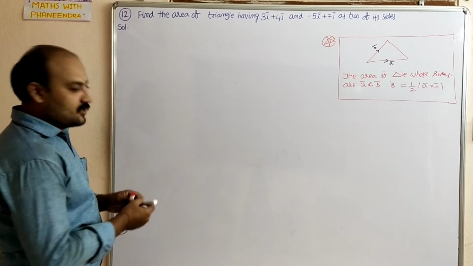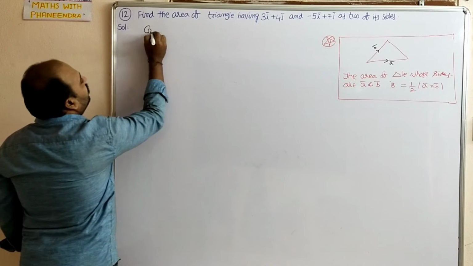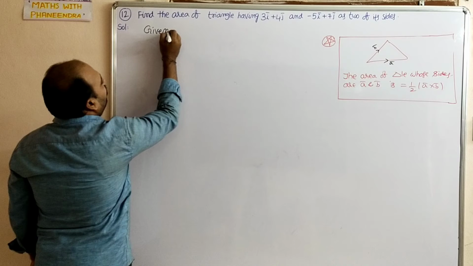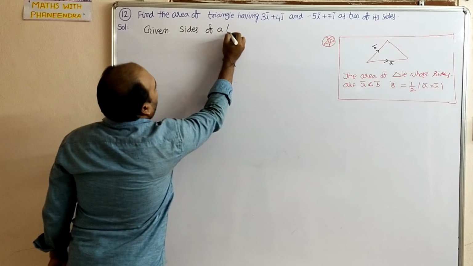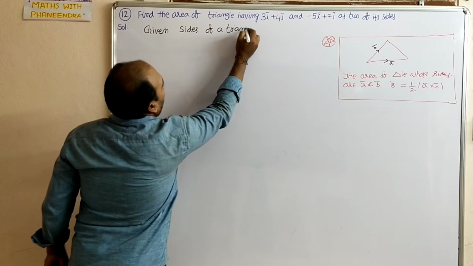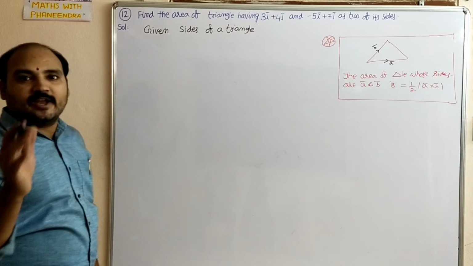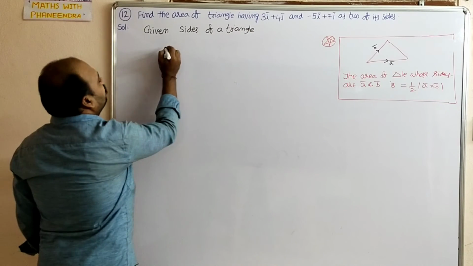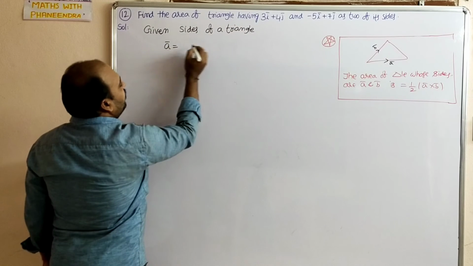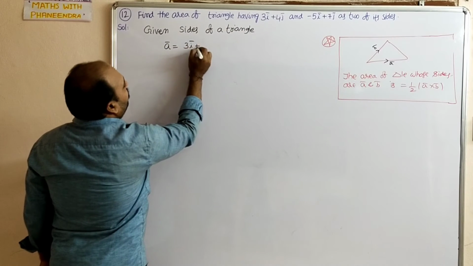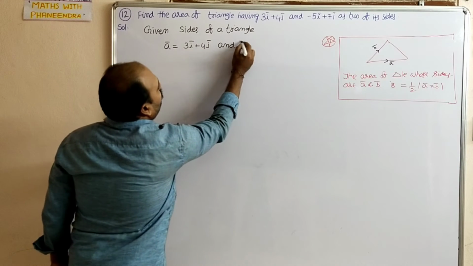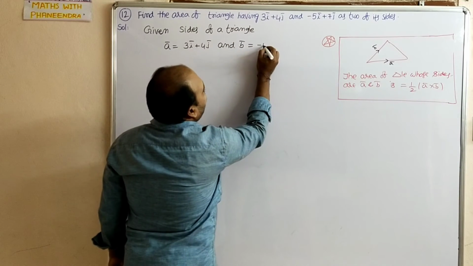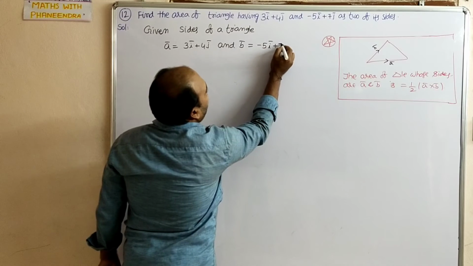So now, first, given sides of a triangle. Here they did not mention A bar and B bar. I am writing here. A bar equal to the first vector 3i plus 4j and B bar equal to minus 5i plus 7j.